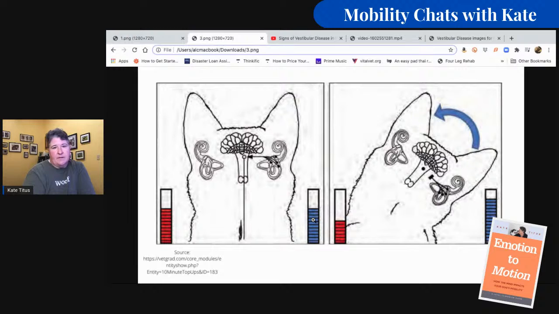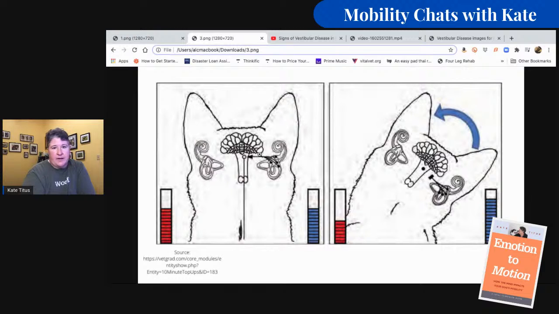Based on the impulses, when a dog tilts his head, more impulses are going to come from the side that he's tilted to, and fewer are going to come from the side that he's not. What that does is basically help the brain recognize that there's a tilt in the head, and the response is to straighten back up like we do over here.